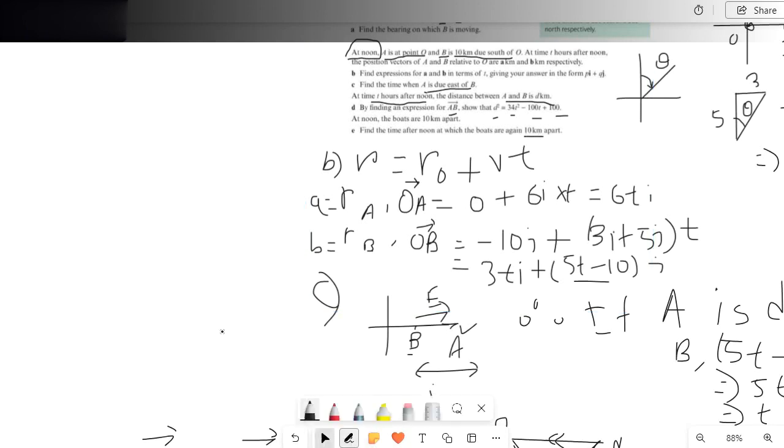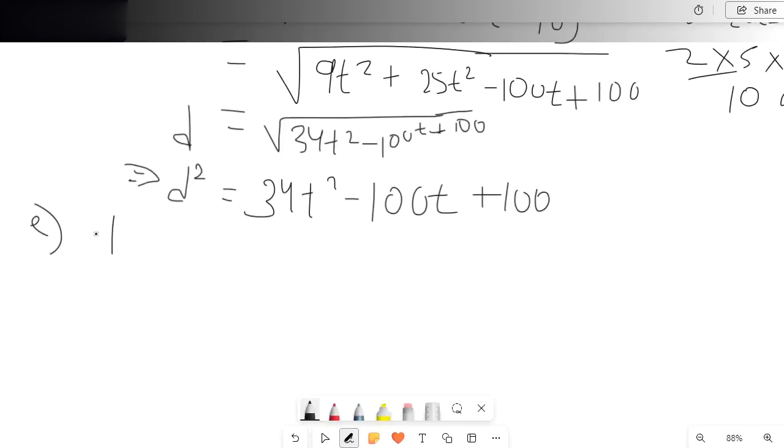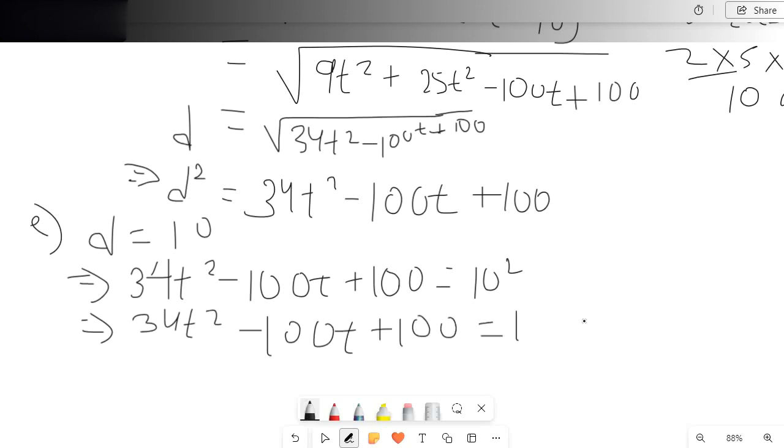So that means we have to say that our value of D must be equal to 10. So therefore D squared must be 100. So we can say 34t squared minus 100t plus 100 is equal to 10 squared, or 100.